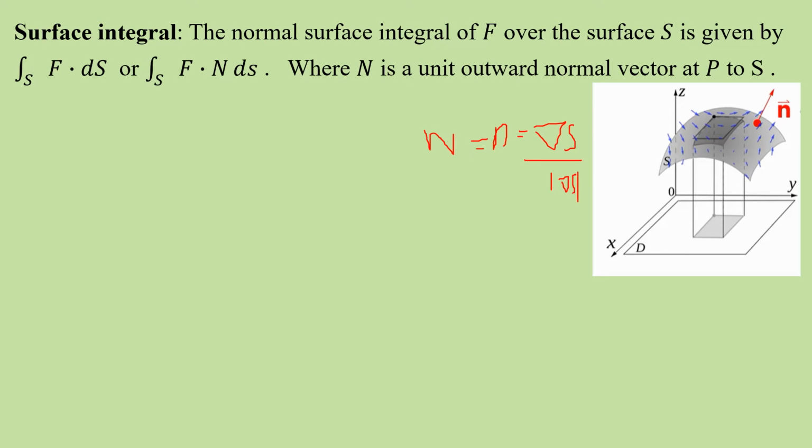Find the dot product between f and the unit outward normal and integrate over the surface. If I want to find the integral over the surface, we have to get the projection of that on the xy plane, so finally it becomes a double integral. We have to take the corresponding limits for x and y, which we can do either with respect to x first, y next, or with respect to y first, x next.